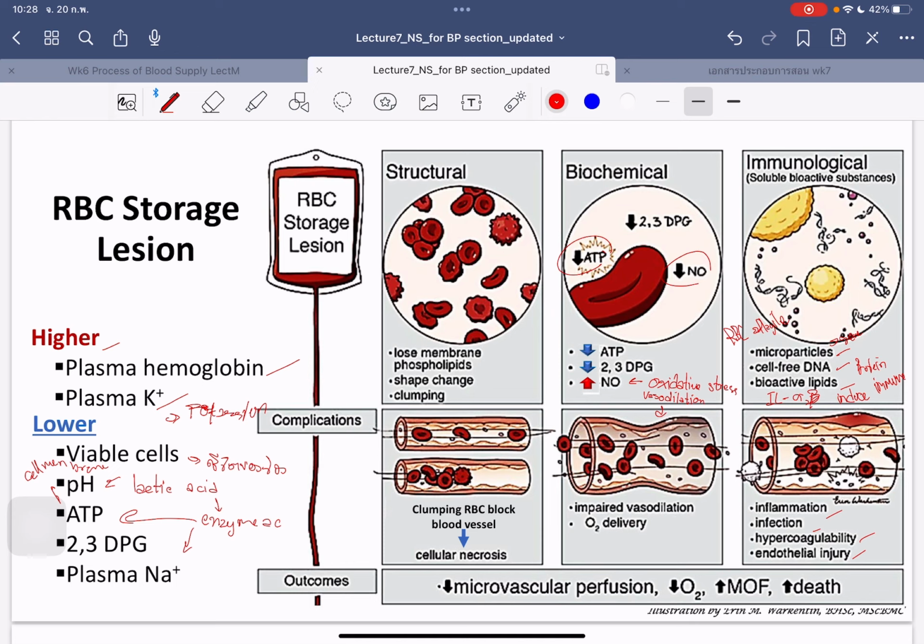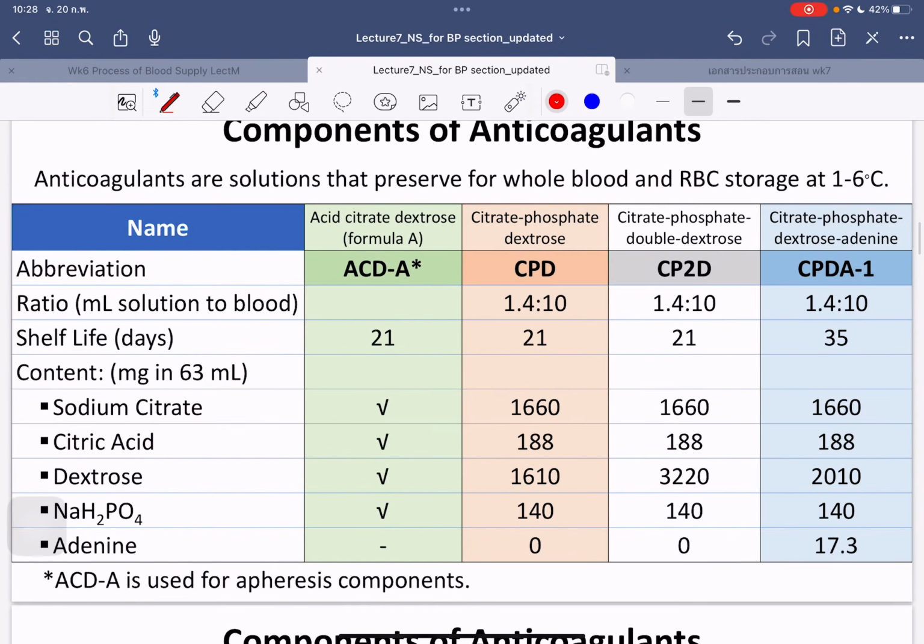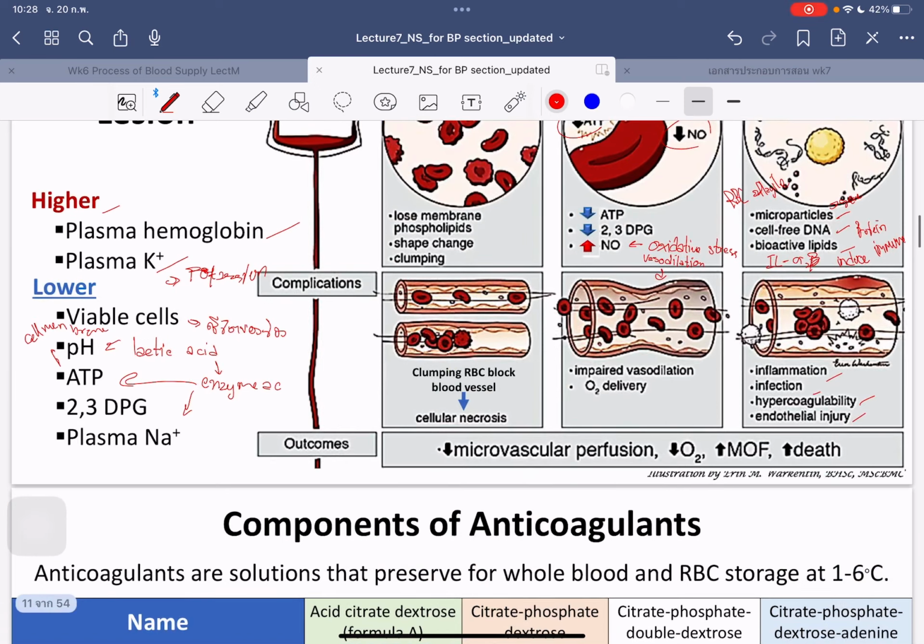If you have minor complications, you may have fever or hypoxia, but in severe cases, it can induce patient death. Do you have any questions about this? For this slide, I hope you remember which parameters increase and which parameters decrease.